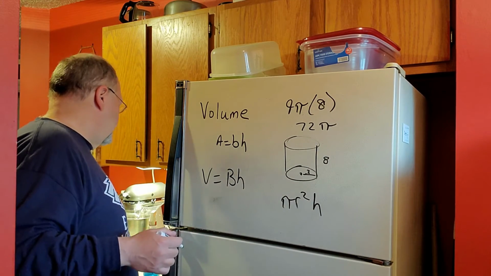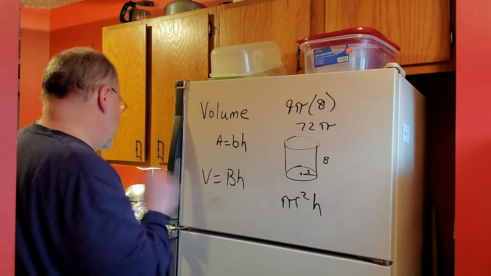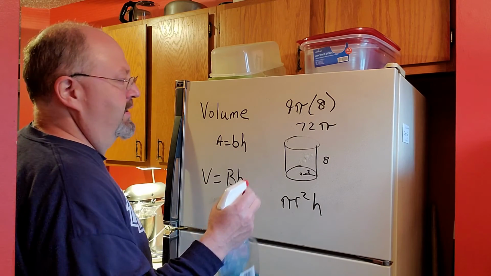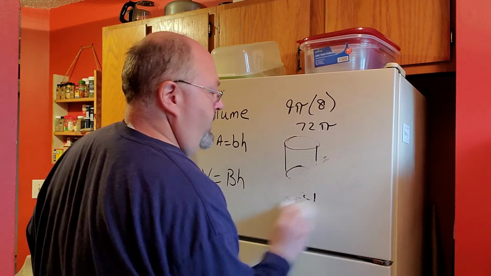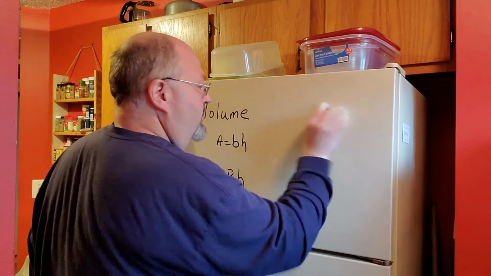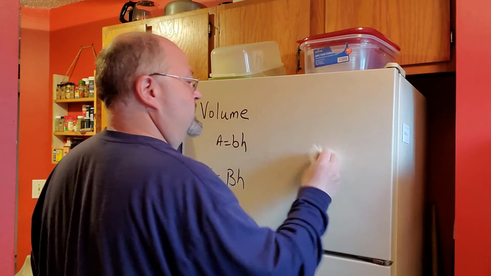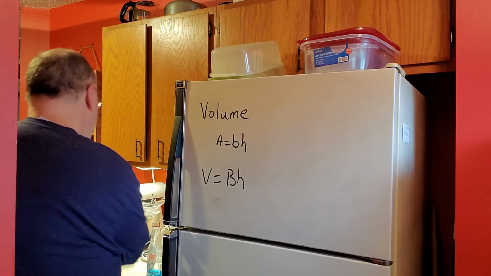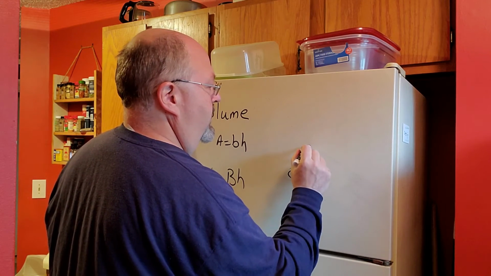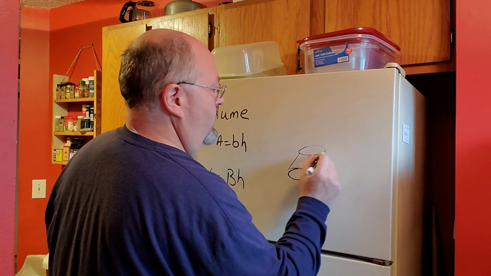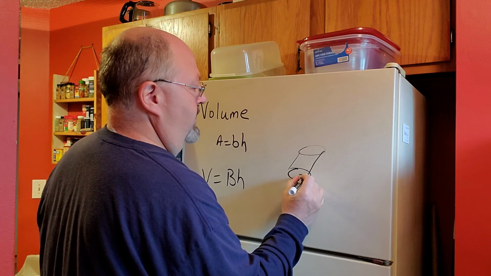Now, here's the problemy thing, besides already having to have pi in it. And you're going to have to remember this for other shapes too. What if your cylinder's slanty?